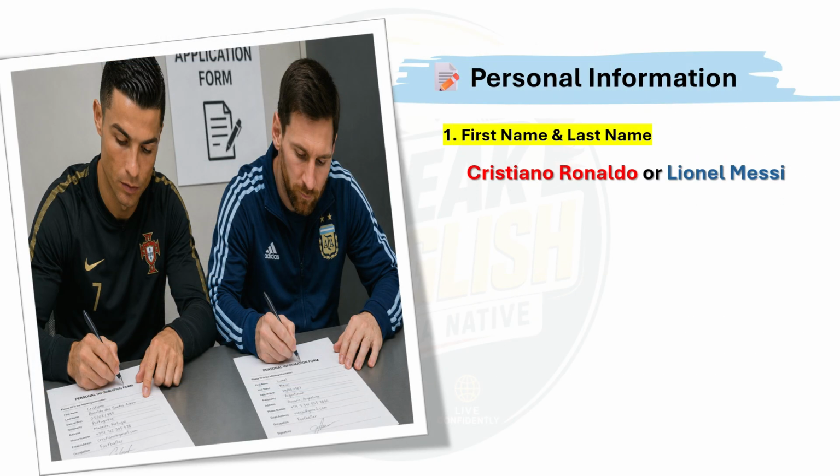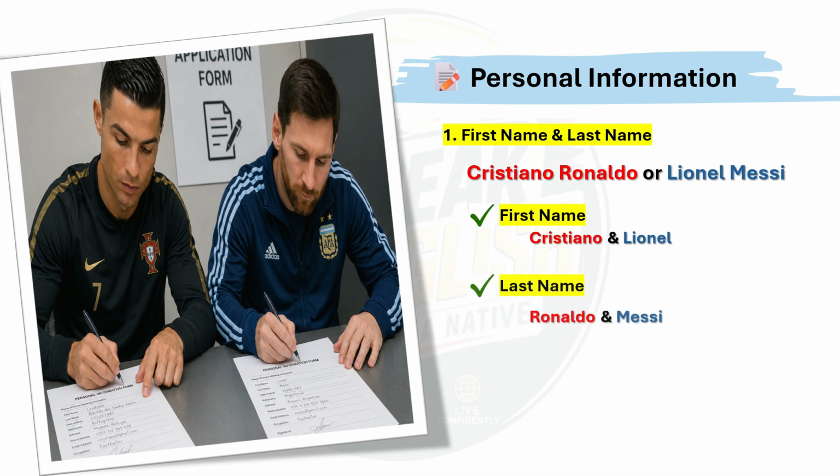The first kind of information that you will be asked to fill in a form is your first name and your last name. For example, if your name is Cristiano Ronaldo or Lionel Messi, your first name will be Cristiano or Lionel, and your last name will be Ronaldo or Messi.